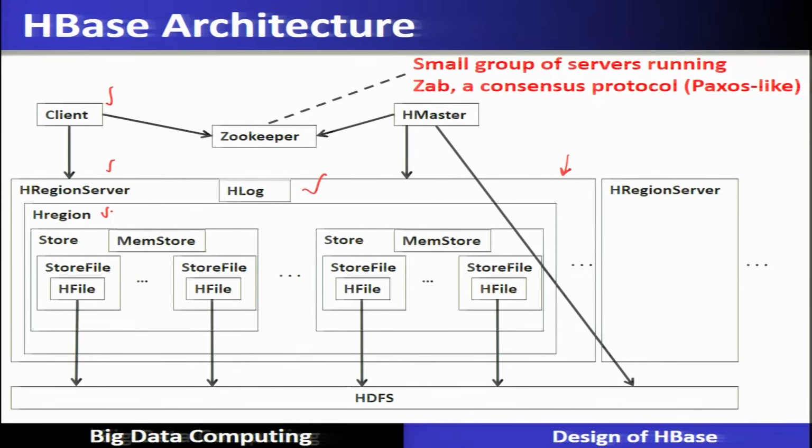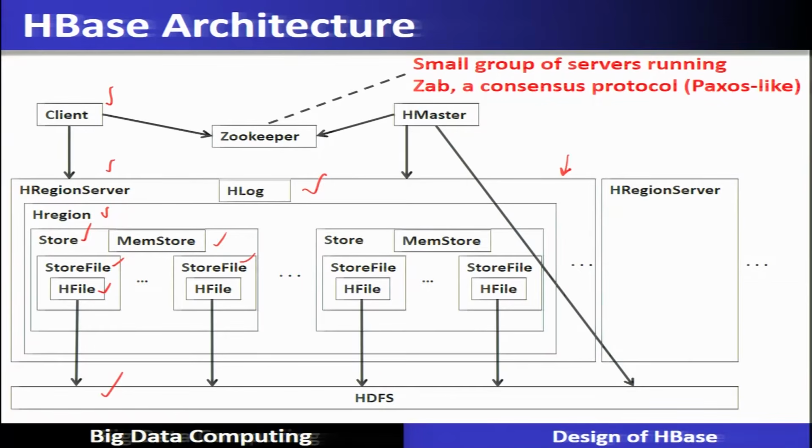One such HRegion is shown over here, and HRegions will contain the store and also a MemStore. Within the store there will be store files, and store files will contain the basic storage called HFile, and HFile is stored in HDFS.